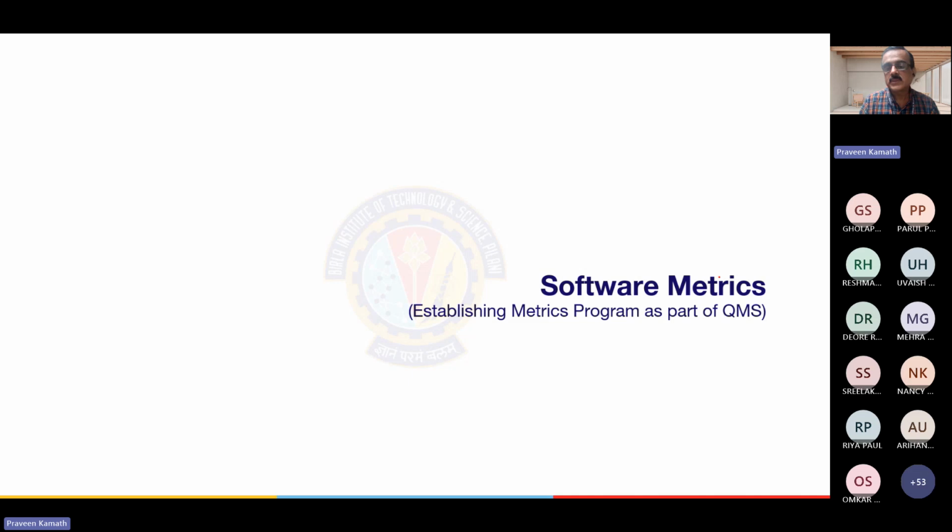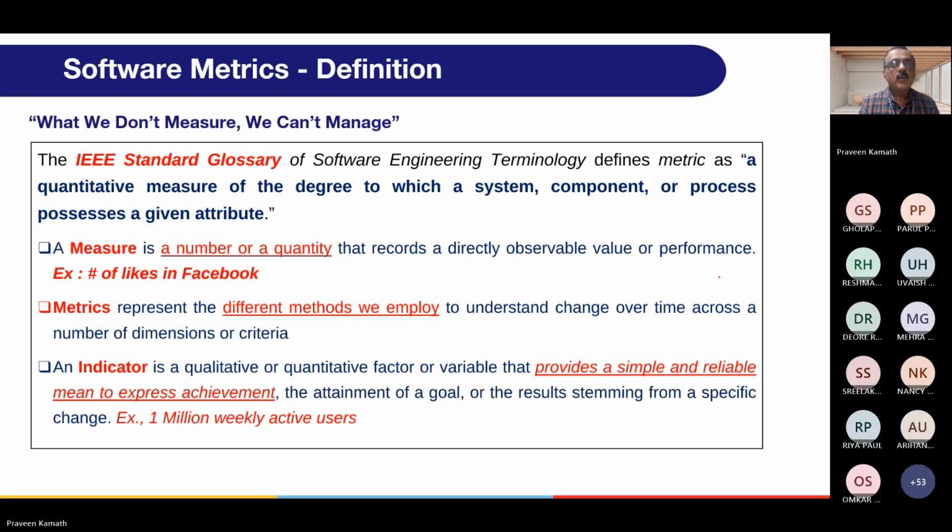Now, software metrics, establishing a metrics program as a part of QMS. What we don't measure, we can't manage. So everywhere there should be a quantitative aspect of rating or understanding the level of performance that you are delivering.